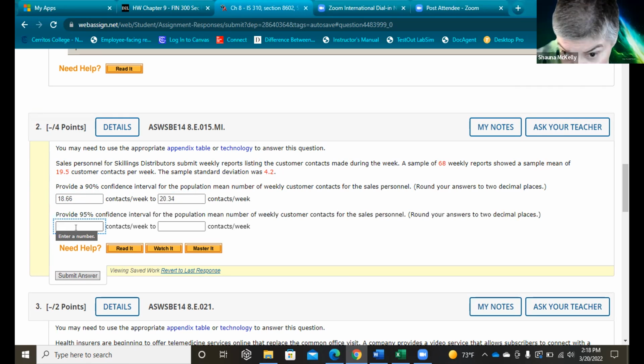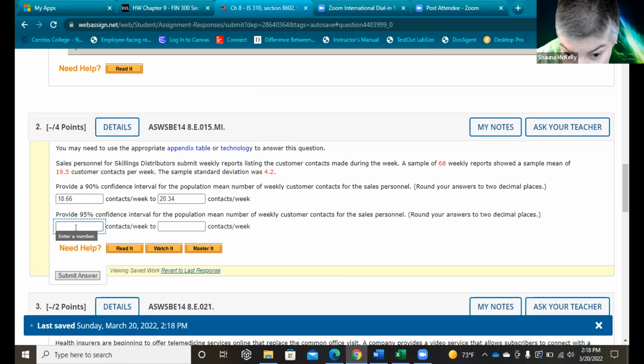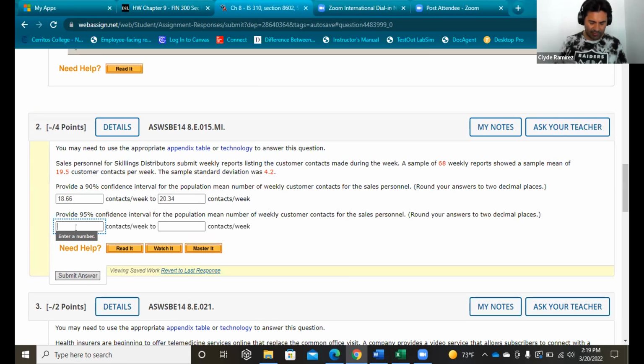If you do it by hand, it's going to take a long time. There's a lot of calculations involved in this. But I'm trying to find my emulator screen.